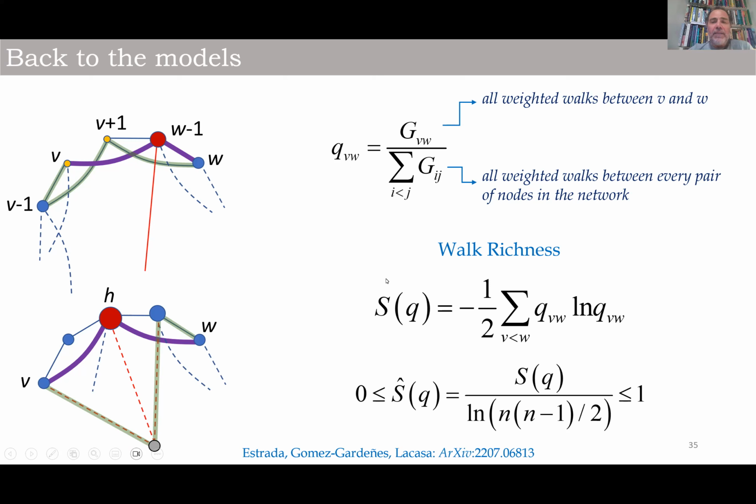And we can apply the Shannon formula to obtain a sort of entropy, which gives you how much variation in terms of walks has occurred in this network after the rewiring or after the attachment of new vertices. This is very simple to normalize, and then we can have a measure between 0 and 1, which is this S hat here.